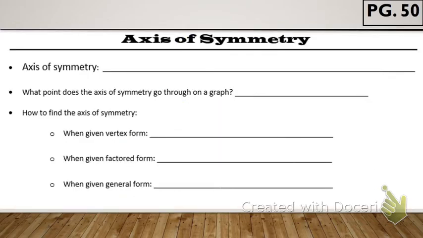We're going to talk about the axis of symmetry. What does it mean if something is symmetrical? It's perfectly even on both sides. Perfectly even on both sides, yes. So the axis of symmetry, yep, this is the line that evenly divides my parabola in half.